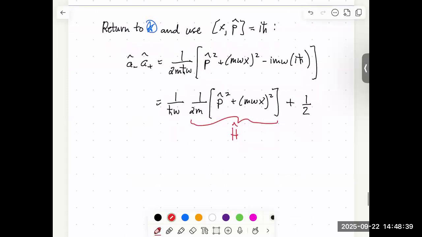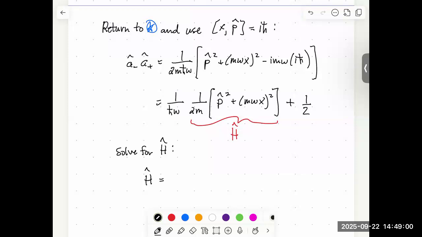So if we solve for h hat, we're going to get that h hat is equal to, well, let's see. The first thing I'll do is subtract off the 1/2, and then I'll multiply by h bar omega.